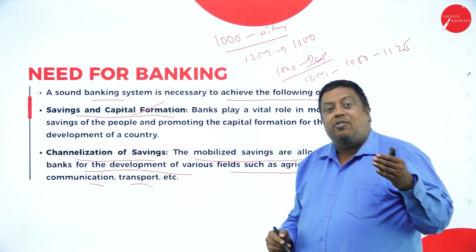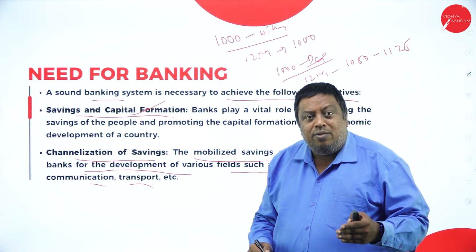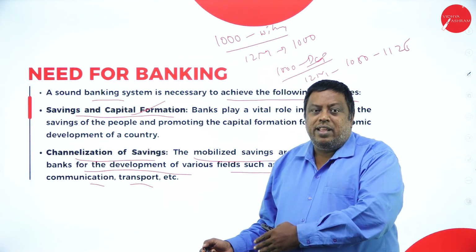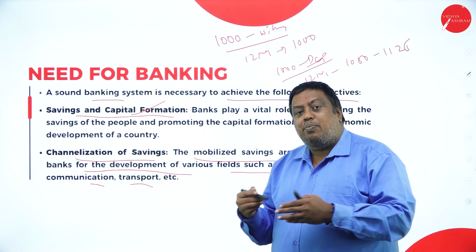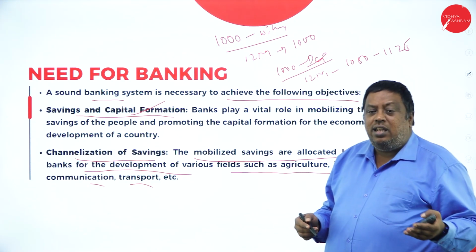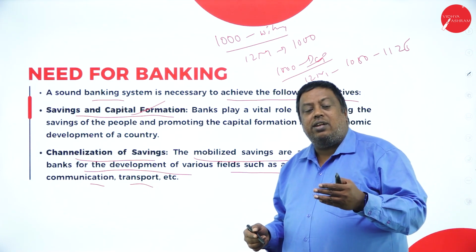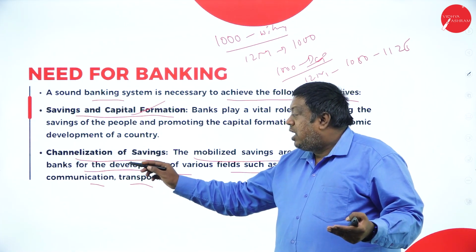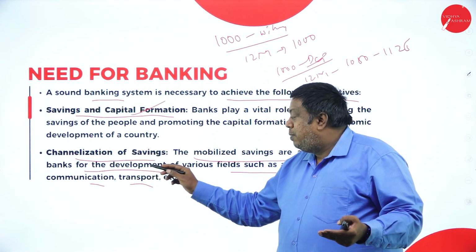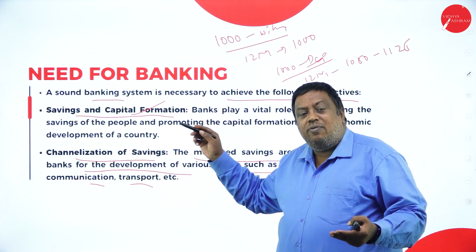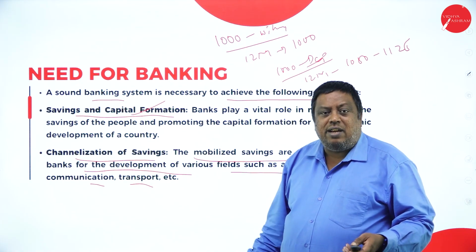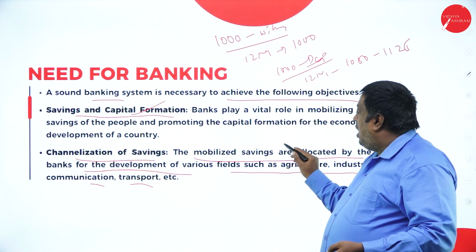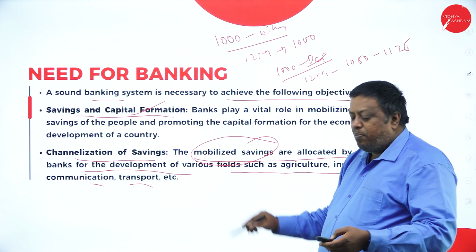They started to provide support for the farmers to cultivate the land. And next, they started to support small scale, medium or large scale industry, providing financial assistance to them. And for communication purposes or transportation purposes, for all the sectors, the banks have supported with the amount mobilized from the general public.